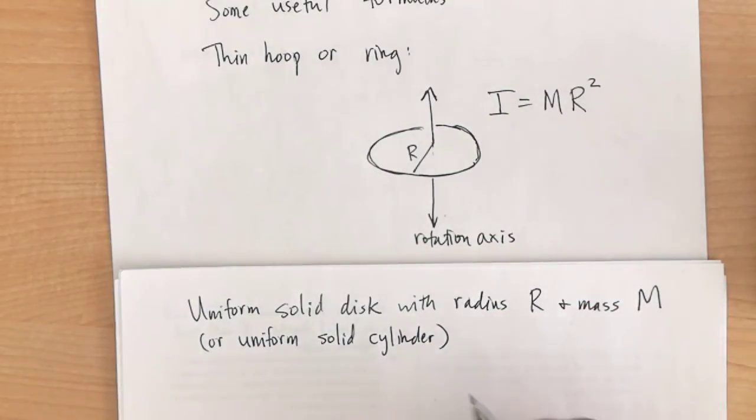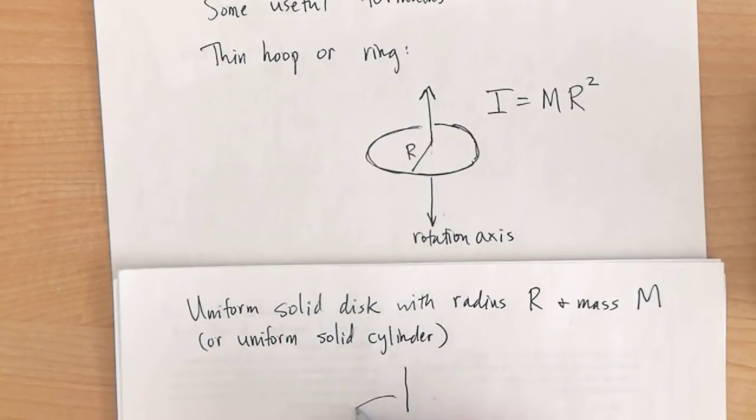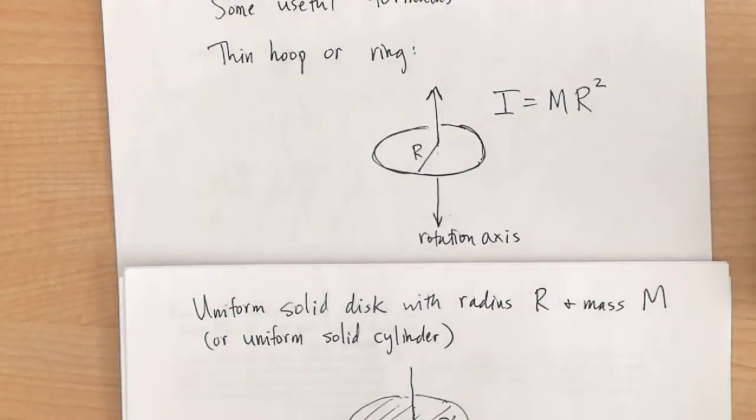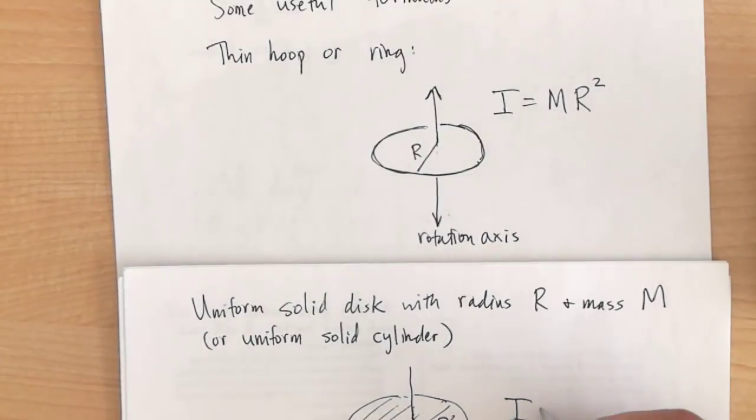So I would have something like this, but it's actually filled this time, so this thing is filled in. And this is radius capital R. The formula in this case, there's a factor of 1/2. It's 1/2 MR squared.